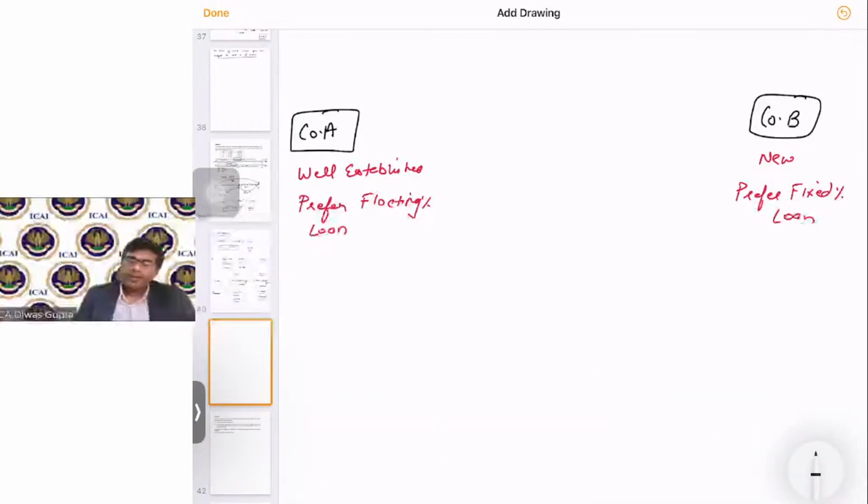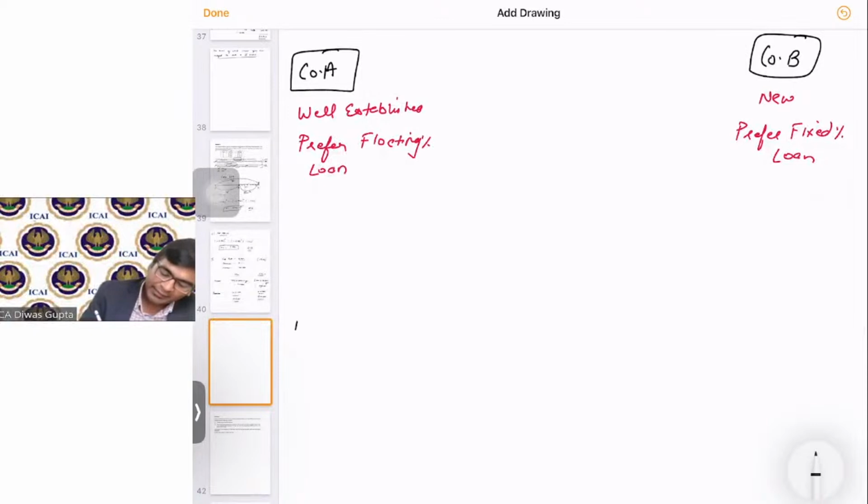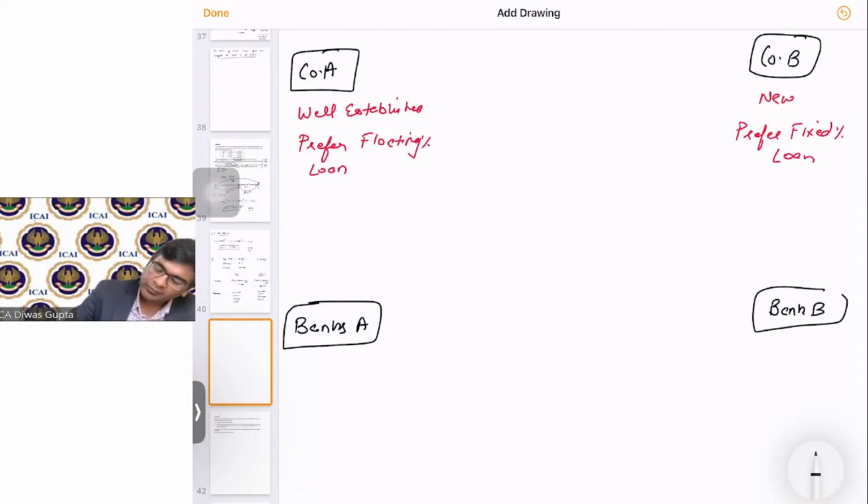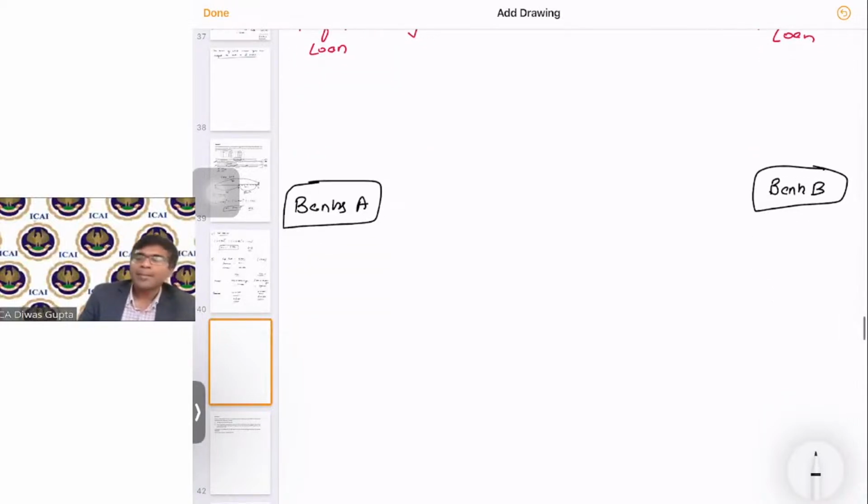Now there are banks also in the picture, because when it comes to borrowings, how can we complete our discussion without banks? So company A approaches bank A and asks for a loan. Bank A says, okay, I will give you a quote. Company A says that I want a floating percentage loan, so you tell me what would be my pricing of the loan.